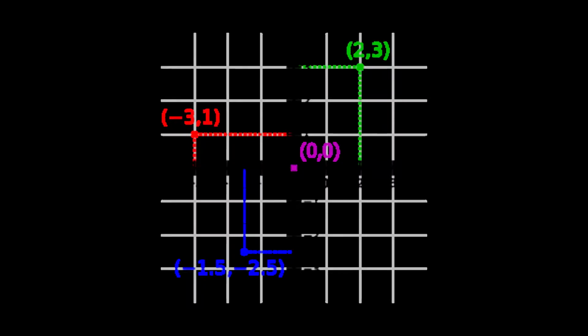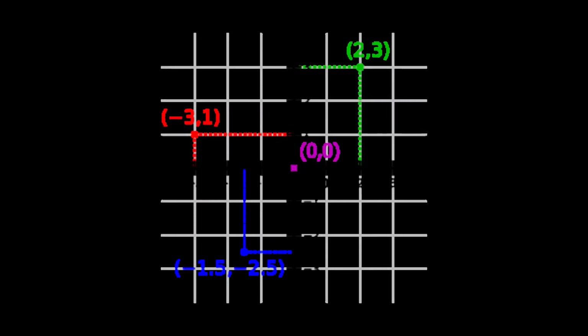I'll have a picture in the video that I posted that represents the Cartesian graph. But the tallies or the hashes or whatever you want to call them are just symbols to keep track of your distance along the x or the y axis. So let's draw some points.